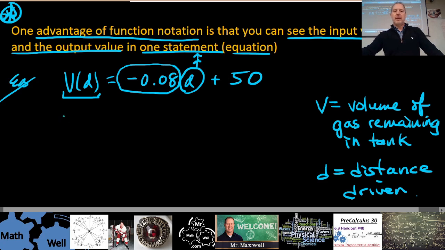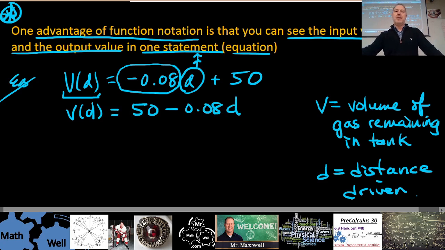I'm going to rewrite it: 50 minus 0.08 d. When you've driven 0 kilometers, or 0 distance, how much gas do you have in the tank according to this equation? Anyone see that?